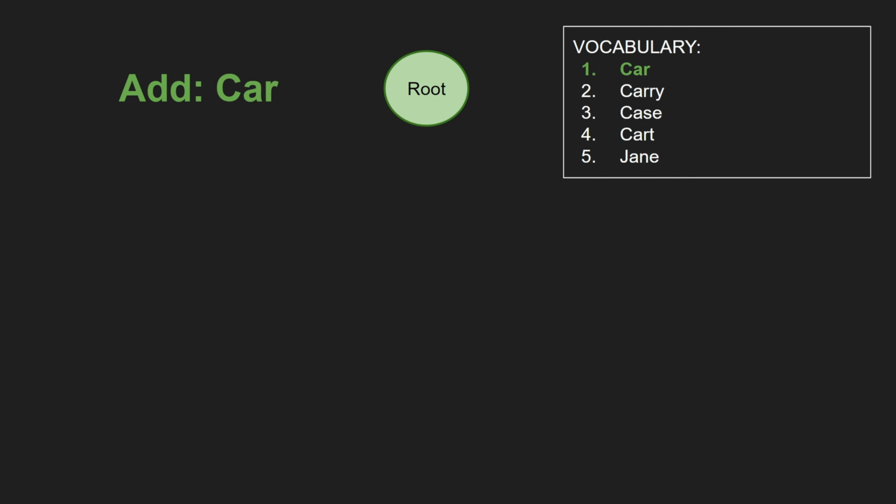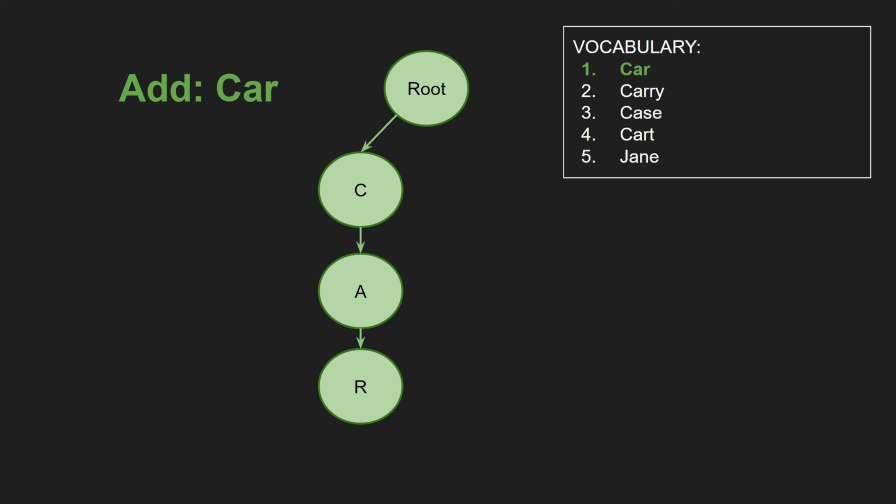If we want to add car to the tree, we check the first symbol of the word car, which is C, and we create the respective node with the symbol C. Then we go to the A, we create an additional node containing the symbol A, and then we create the last node, which contains the symbol R. So we inserted the word car into the tree. As you can see, we created in total 3 nodes.